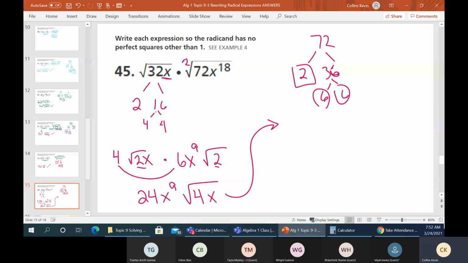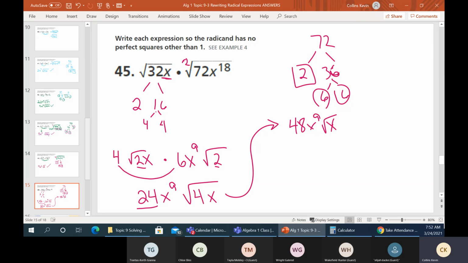Yeah, it's just 2, right? So that means another 2 can come outside. So this is going to be 24 times 2, that's going to be 48. Then we still have the x to the 9th. And then we just have 1x under the square root.